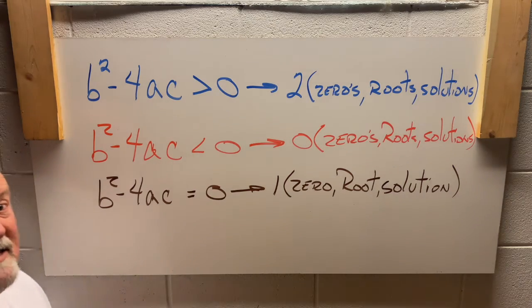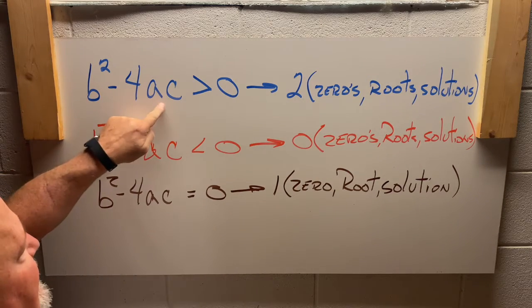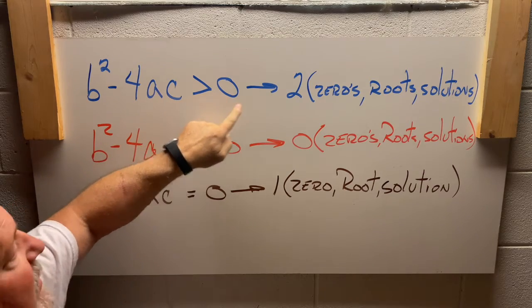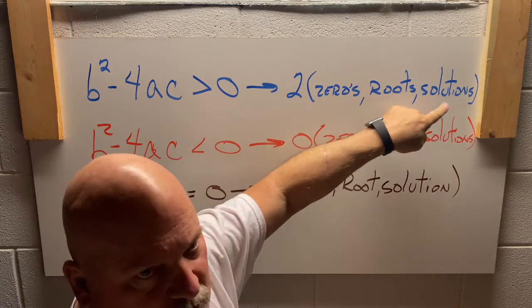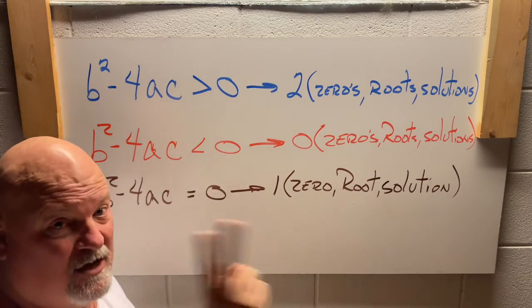All right, next, let's establish a couple rules. One, if we have b squared minus 4ac, and when we solve this, it's greater than 0, then I know I'm going to have two zeros or two roots or two solutions. That means the parabola is going to cross the x-axis twice.